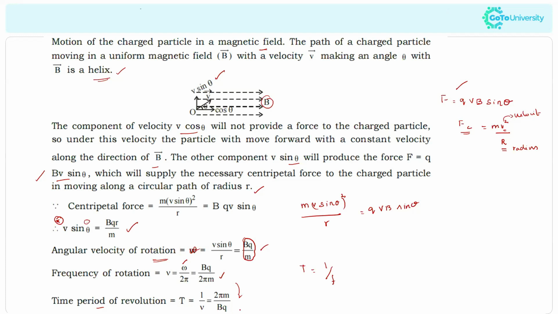So now we have an equation for the component of velocity when the charged particle is in a magnetic field, and for a similar charge in a magnetic field, we have the angular velocity equation, frequency equation, and the time period of revolution. So now I'm just going to keep this slide for 3 more minutes. You people can take notes of it.